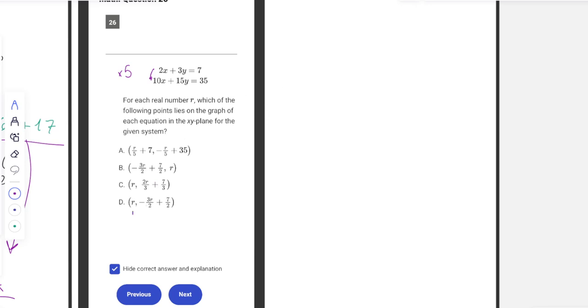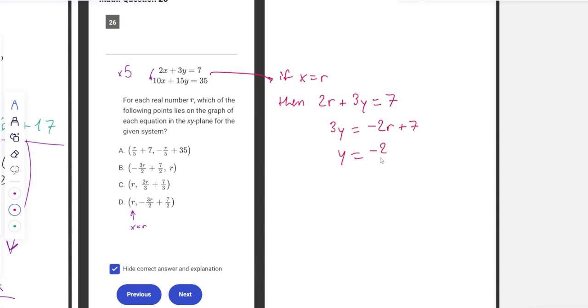If I plug in something like x equals r, so let me try that in the first equation. If we set x equal to r, then we get 2r plus 3y equals 7. So 3y equals minus 2r plus 7, or y is equal to negative 2/3 r plus 7 over 3.